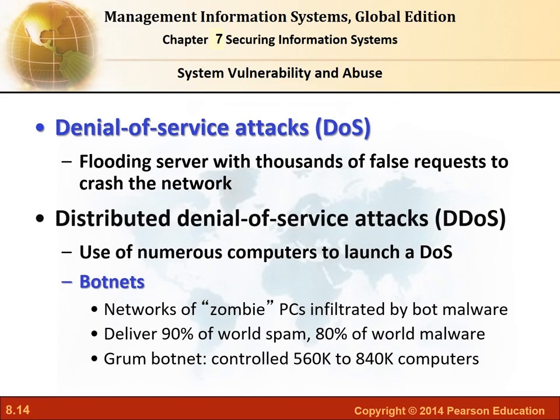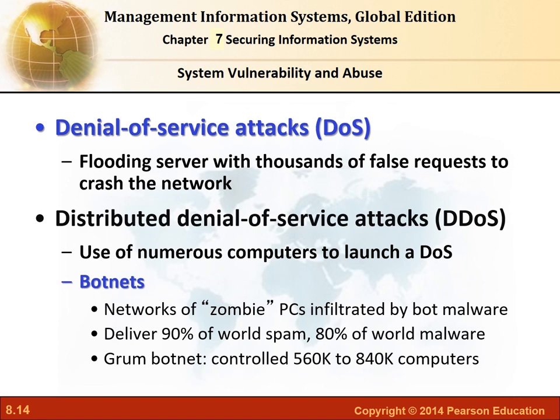Denial of service attacks, or DoS, is a security event that occurs when an attacker floods a server with thousands of false requests to crash the network. What is the result of a DoS attack?